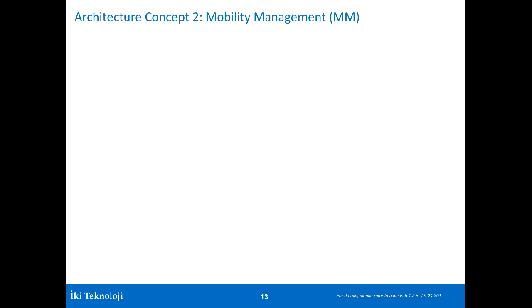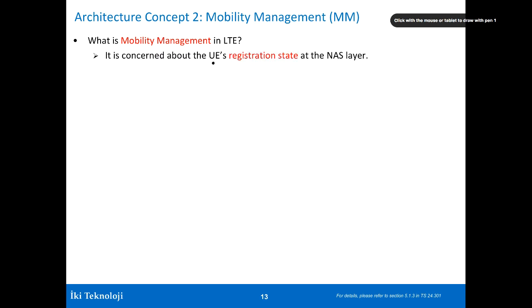So there is this concept at the NAS level which is called mobility management. So what is mobility management in LTE? It is concerned with the UE's registration state. So are you registered? Are you attached or not attached? Have you been authenticated? Are you really Mehmet? And those kinds of messages and that kind of a state at the NAS level.